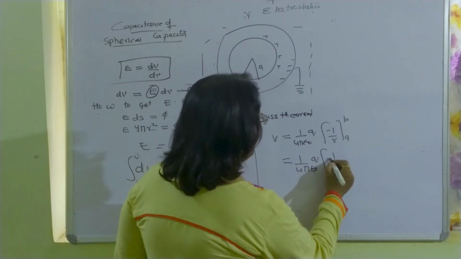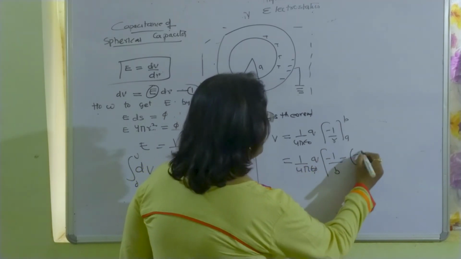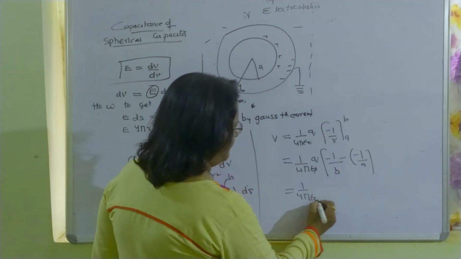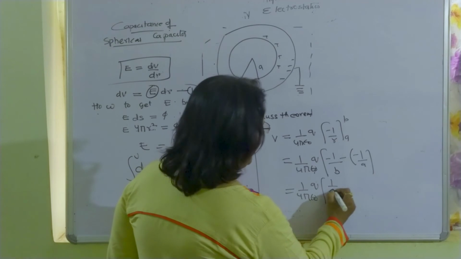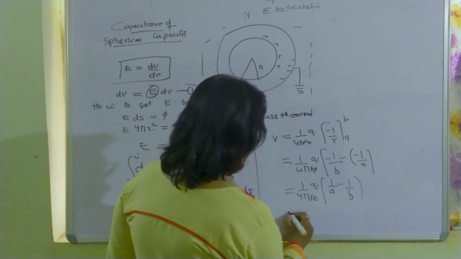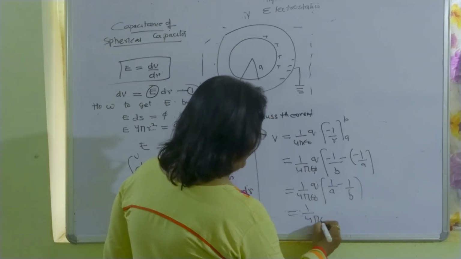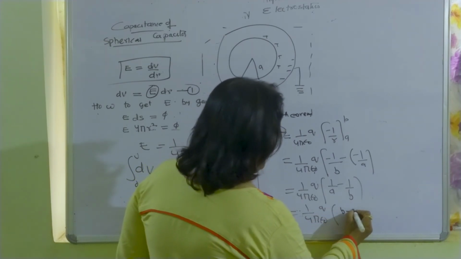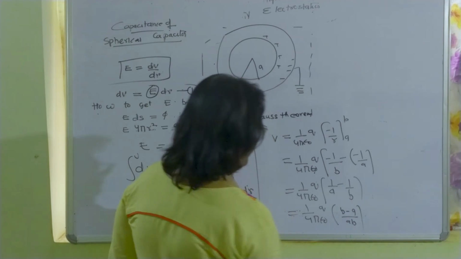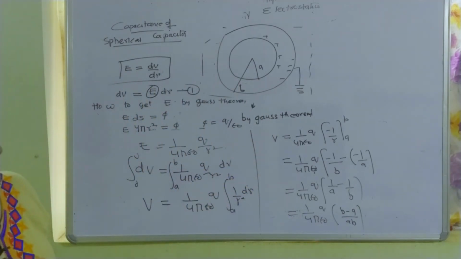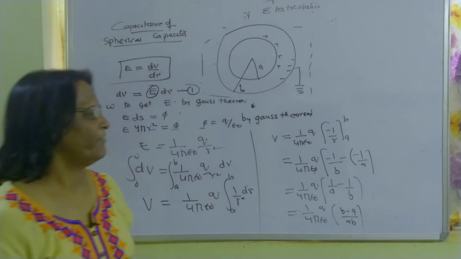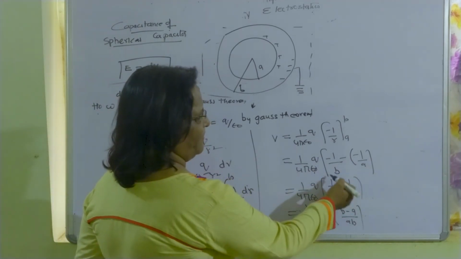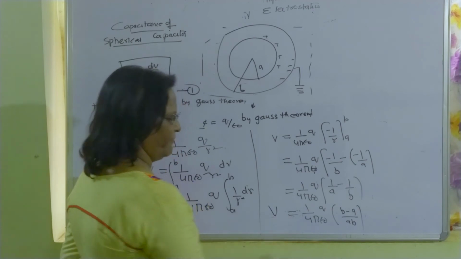It will become minus of 1 upon B minus of 1 upon A, or you will get here 1 upon 4 pi epsilon 0 q, 1 upon A minus 1 upon B, or 1 upon 4 pi epsilon 0 q. It will become here B minus A upon AB. Why we have taken this 1 upon B, plus will come here, minus will come here. This is the value of V.